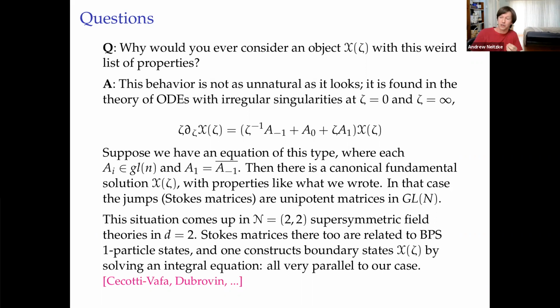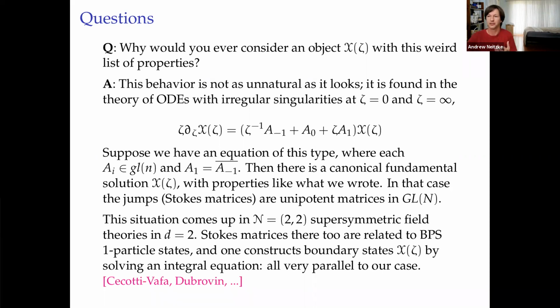And there was also a correspondence between the entries in the Stokes matrices and the BPS one-particle states. And in fact, the way you would construct some solutions of the equation was exactly by solving an integral equation, which is like the integral equation that I wrote last time. So that's my first attempt at explaining why this behavior looks natural.